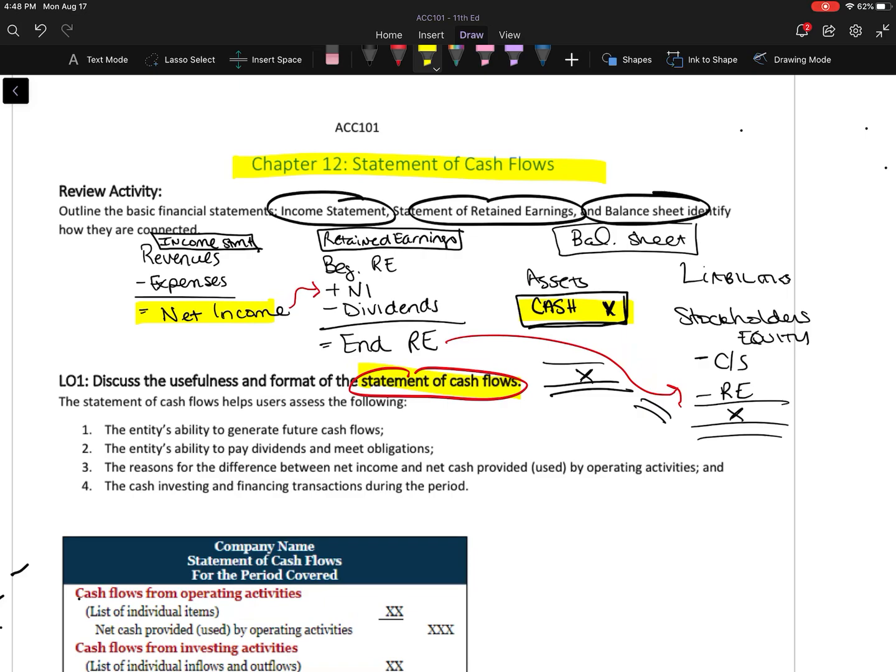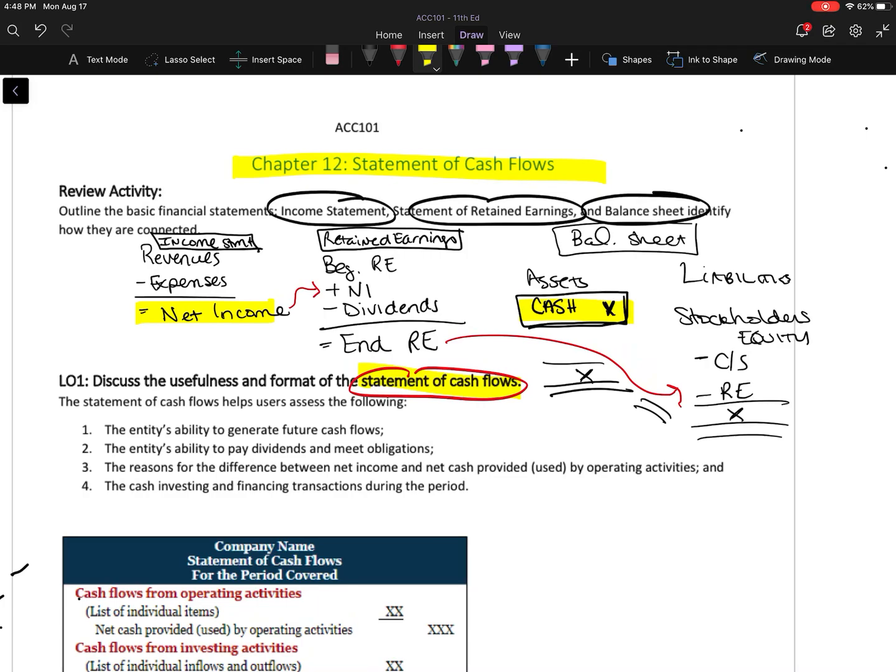The reason that you would look at a statement of cash flows is because most often net income doesn't reflect cash in. So your net income could be one number while your cash actually increased or maybe even decreased.